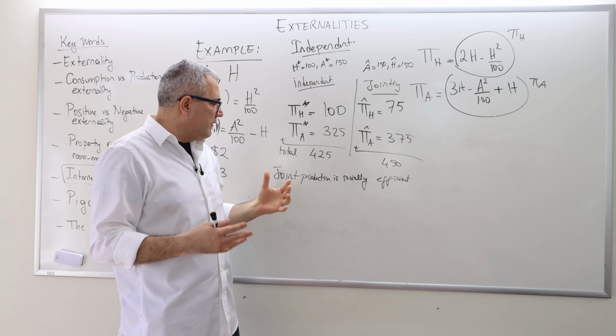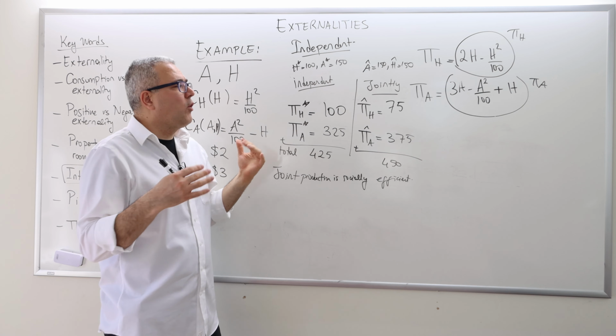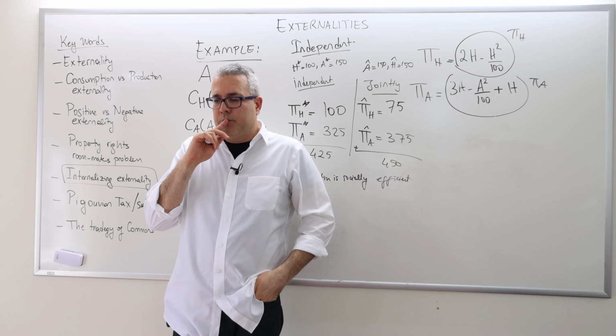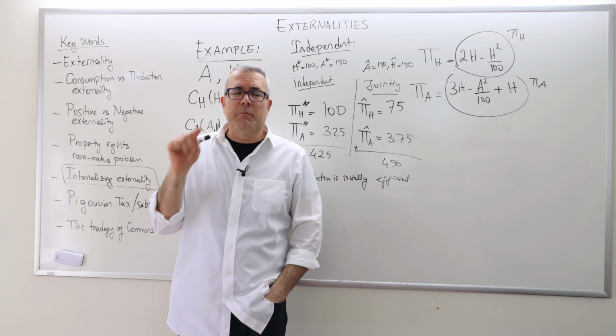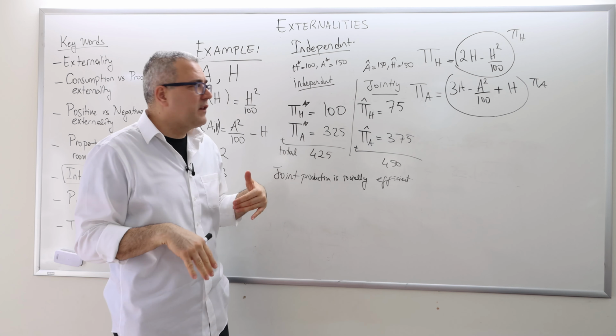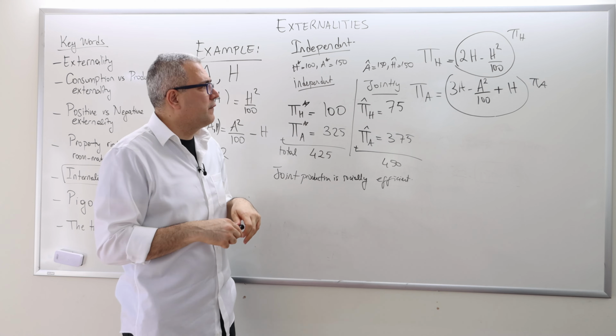And therefore, we already know that the social welfare maximizing allocation is Pareto efficient, and here the social welfare is the sum of the profits.